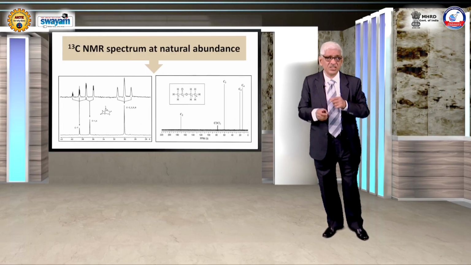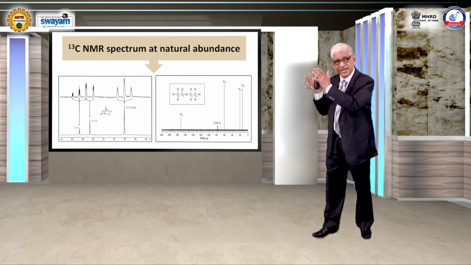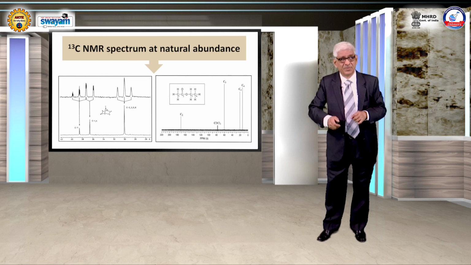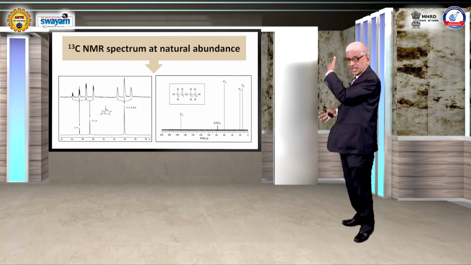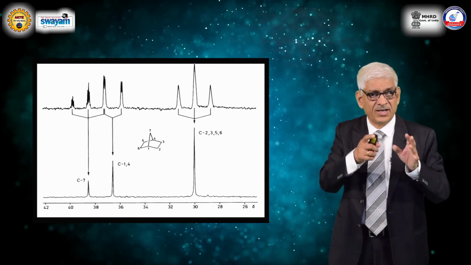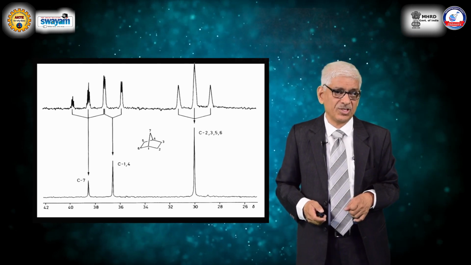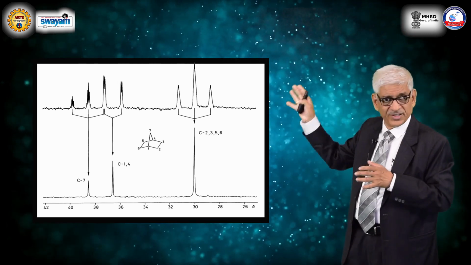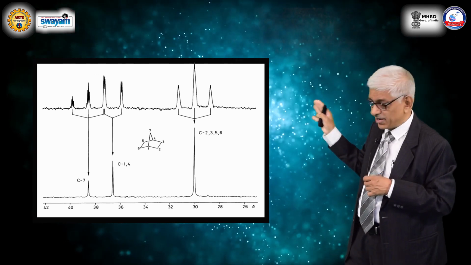Okay, so what is the consequence of that? The consequence was that you can actually record a carbon-13 NMR spectrum at natural abundance. So here is an example. You see there are 2 cases which I have indicated here. The one which is on the left is an organic molecule which contains 3 carbon types, indicated as C7, which is on the left, then you have C14, and then you have carbons 2, 3, 5, 6.